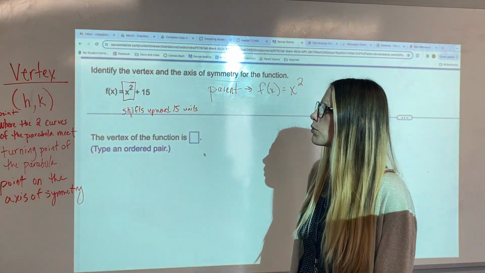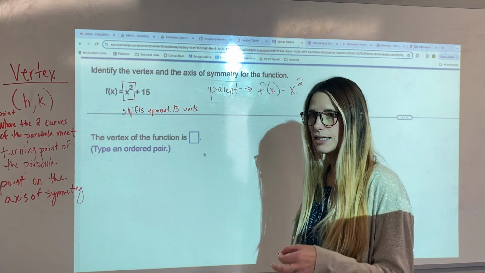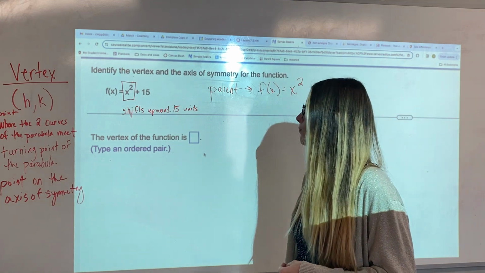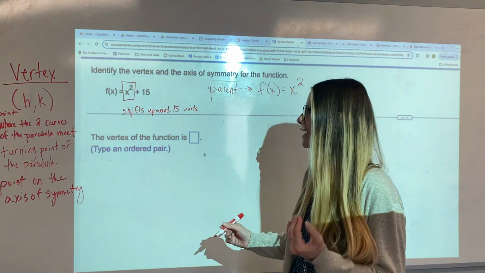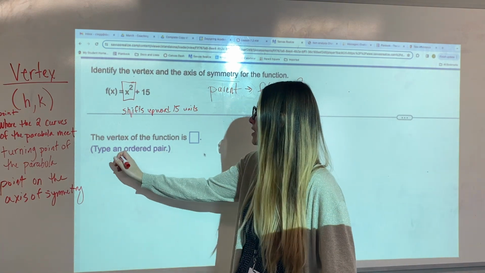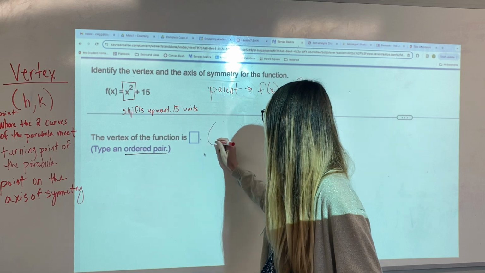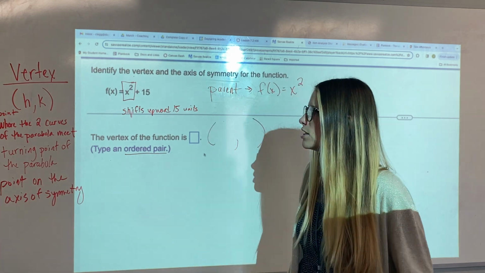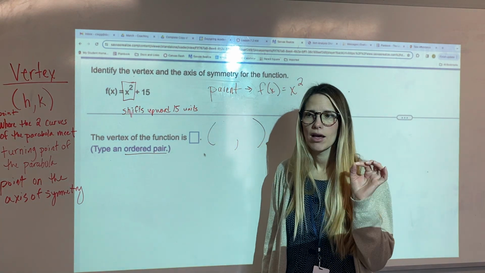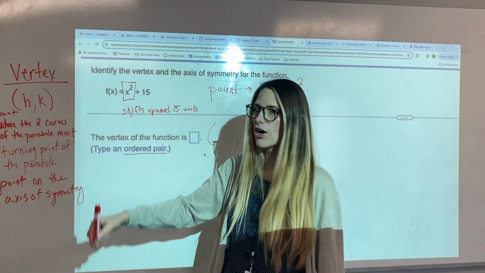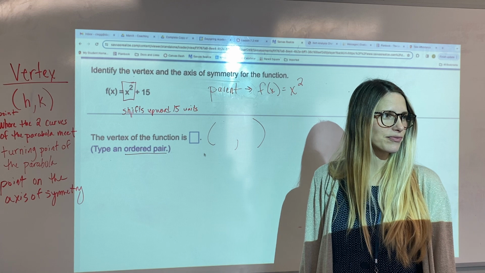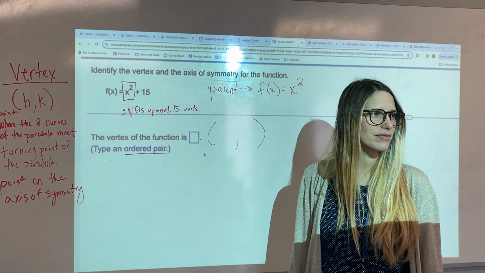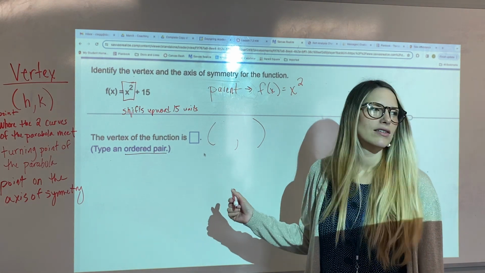Okay, if it shifts upward 15, and like Zach said, it is on the y-axis, how would we identify the vertex of the function? It says type an ordered pair, so I'm going to have to give an ordered pair to describe that exact point of the vertex. Ricky says, since there's no other number, it would be a 0 for the first one, and then comma 15.